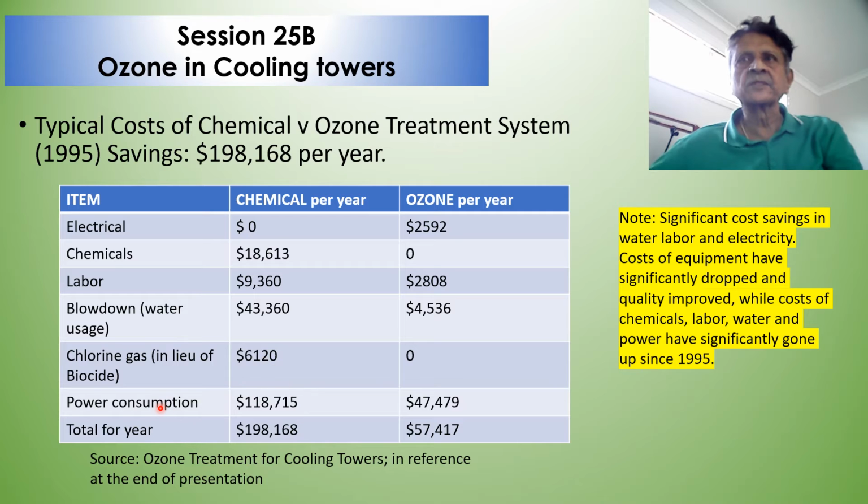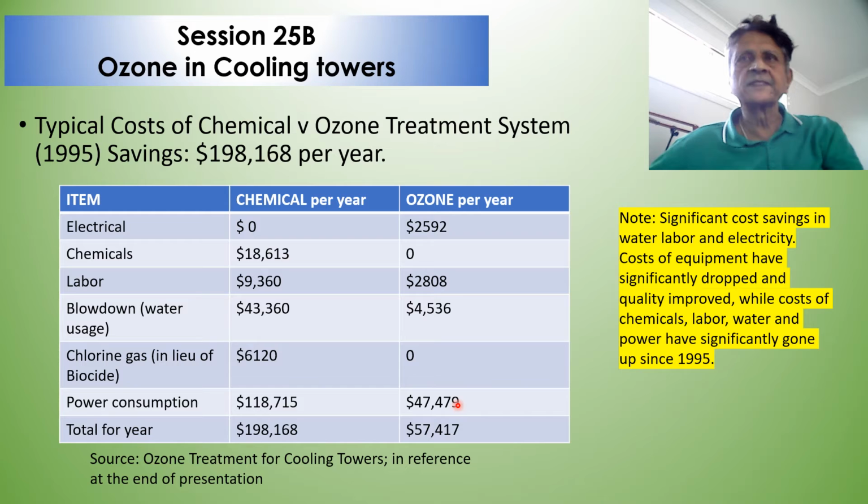The power consumption, if you notice, through chemicals, there is $118,715 for the whole air conditioning system. Whereas if you use ozone, it comes up to $47,000. If you notice, it is about 1/3.